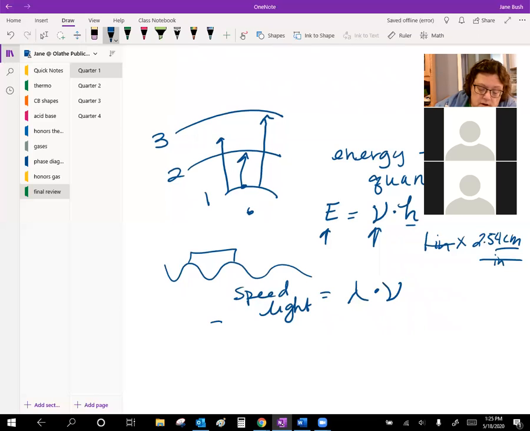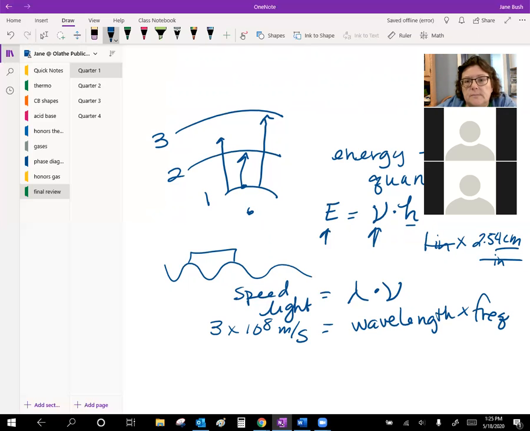Speed of light's always constant. It's 3 times 10 to the 8th meters per second. So wavelength times frequency is going to equal the speed of light. And now you can solve for either frequency or wavelength given whatever you're given.